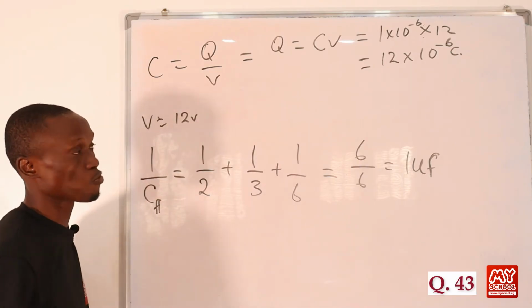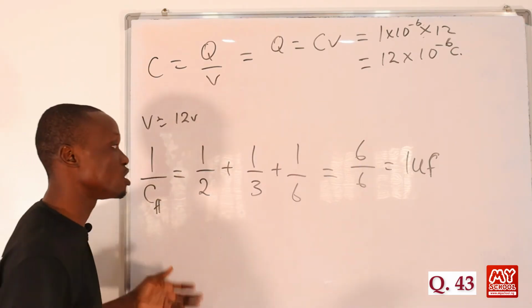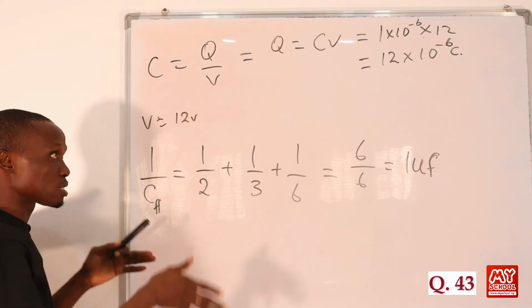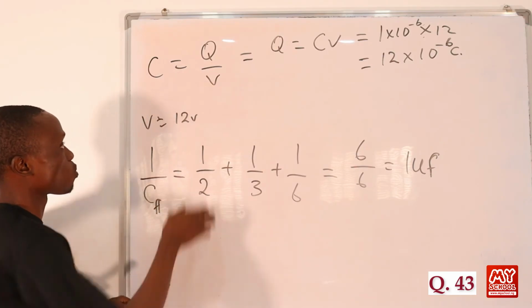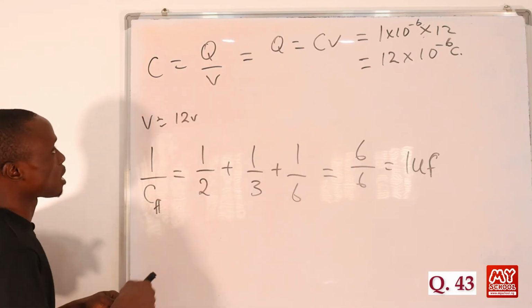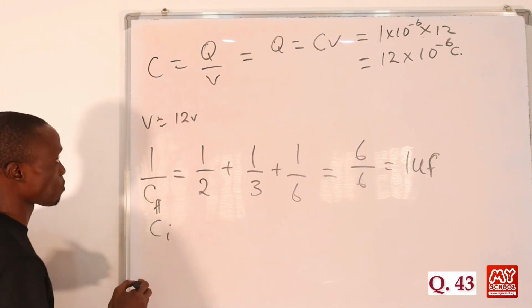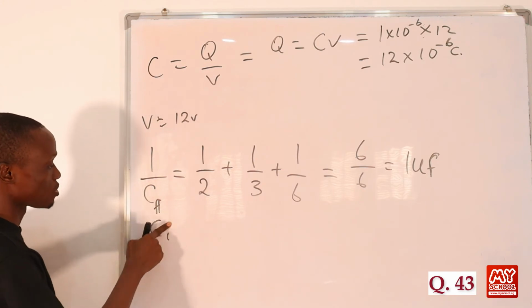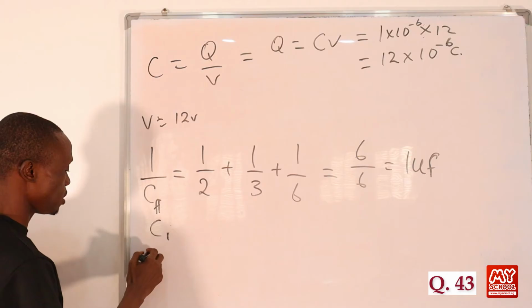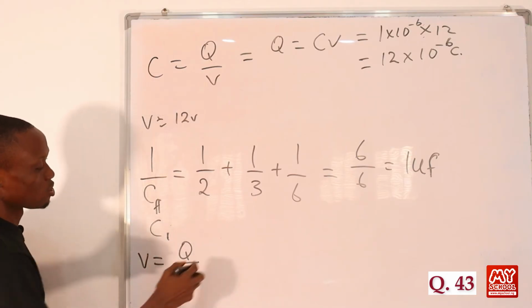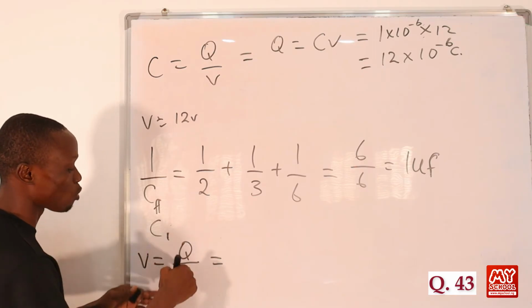Now we want to calculate the potential difference across each of the capacitors. Since we are looking for potential difference, we make it the subject of the formula. For the capacitor C1, the potential difference V is equal to Q all over C1.